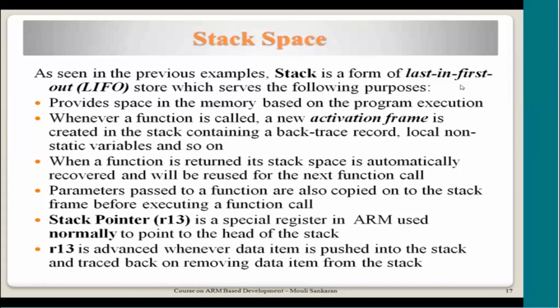So the stack provides space for local variables, and whenever a function is called, a new frame is created, as you saw in the previous diagram, that went down by a fixed amount based on the number of local variables and the parameters being passed. When they come out of the stack, they release the space.